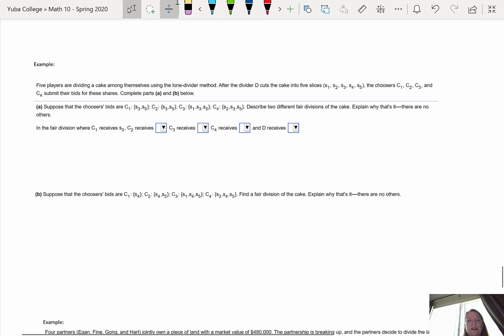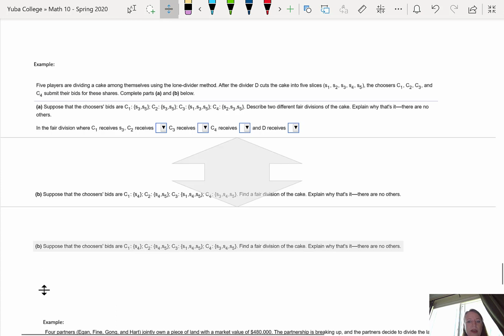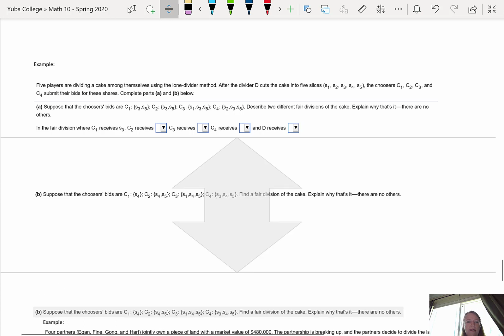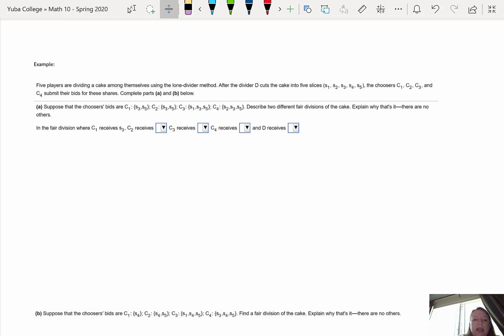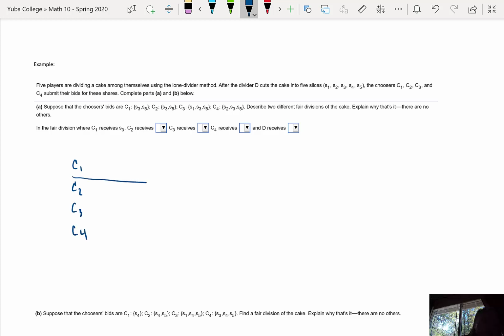Okay. So to me, it's kind of helpful to write my chart. I'm going to do it anyways, even though I know what chooser 1 gets. Again, we have 4 choosers, then we have the divider. Chooser 1, chooser 2, chooser 3, chooser 4. Really, the divider is going to get the leftovers.